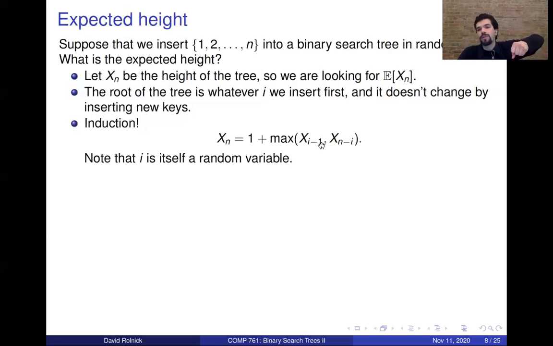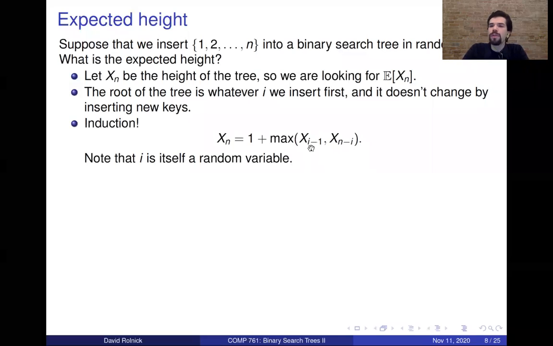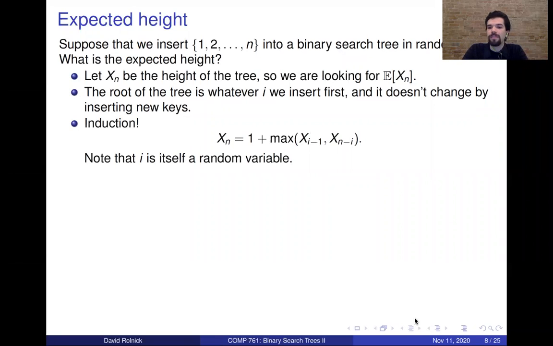all the numbers less than i inserted into the left subtree. How many numbers are in the left subtree? I should have spelled this out a little bit more. The numbers that are in the left subtree are, I'm just going to write this in the chat, just 1 through i minus 1.